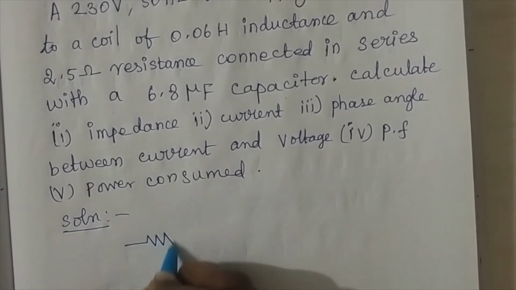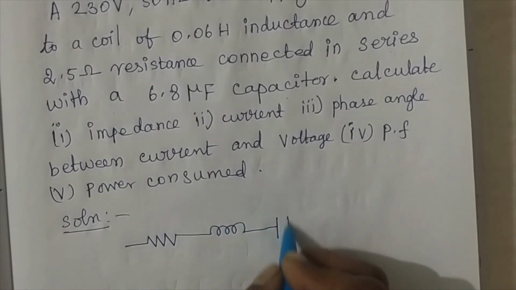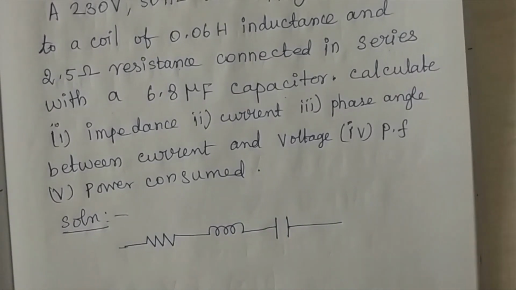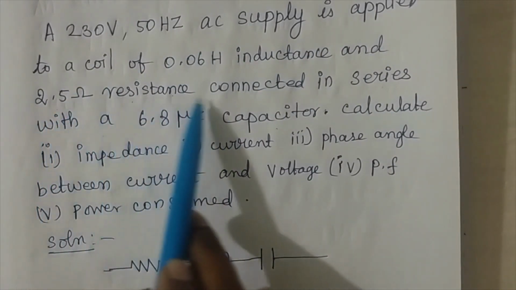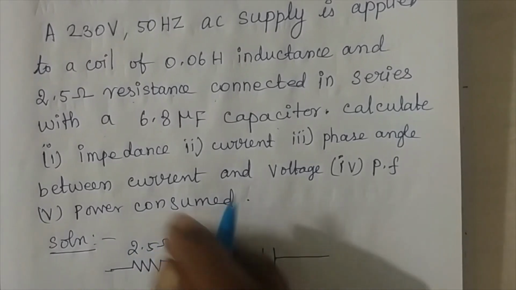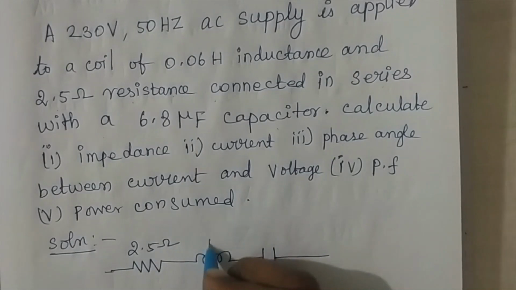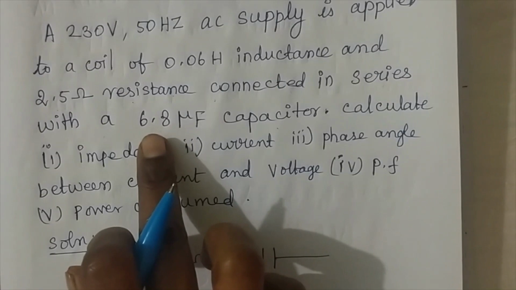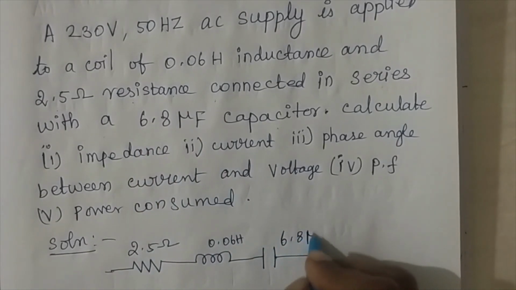resistance and inductance, capacitor, these three elements are connected in series. The resistance value is 2.5 ohm, the inductance is 0.06 Henry, and the capacitance value is 6.8 microfarad.